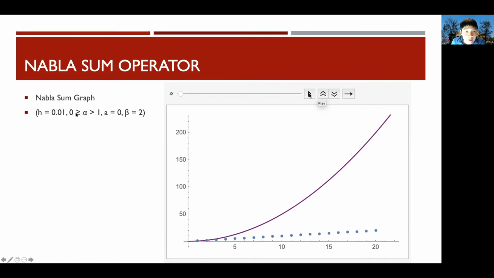As you'll see, we vary this alpha parameter between 0 and 1. As alpha approaches 1, we get a closer and closer graph, a near match between the sum operator and the integral graph. As it gets closer to 1, this rises, and theoretically, as it reaches 1, it will overlap with the integral graph here.